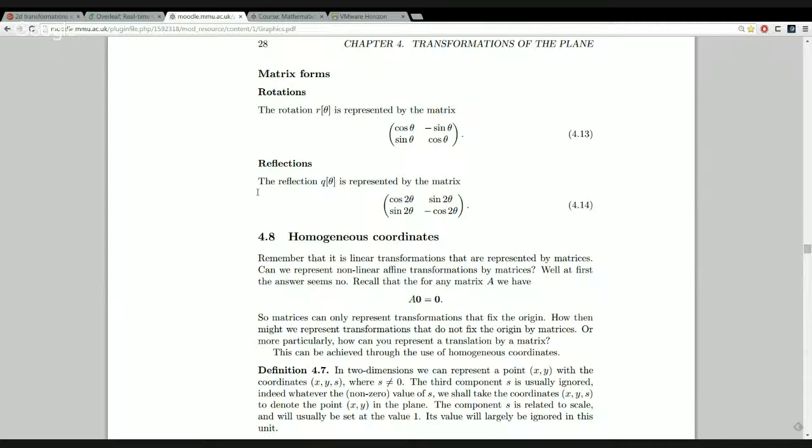So we'll consider the standard form transformation F. This is in standard form, so we're translating by the vector (1, 1).